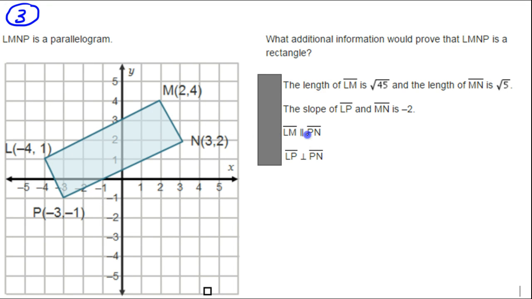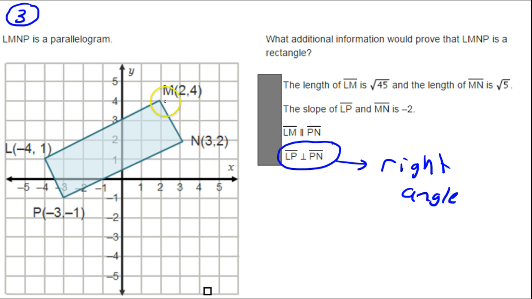As I scan down the list of choices, I'm looking for either 1 right angle or for the diagonals to be congruent. I don't see anything about anything being congruent, so much for the diagonals. I do see this right here: 2 things being perpendicular, which means we're talking about a right angle.